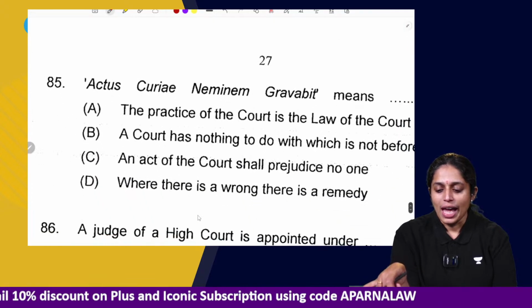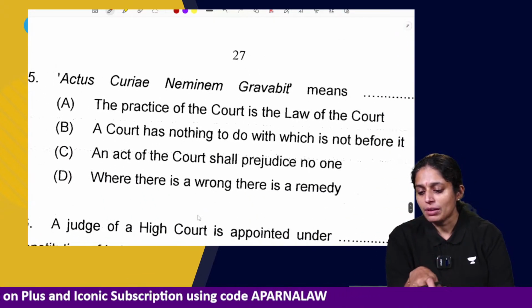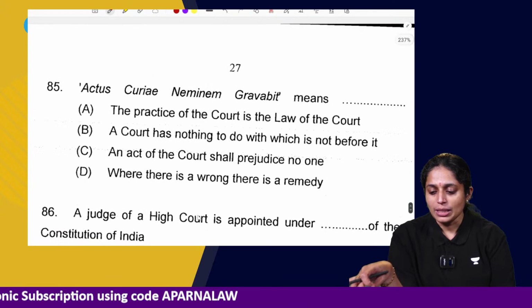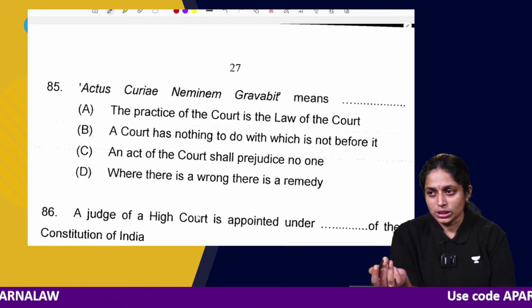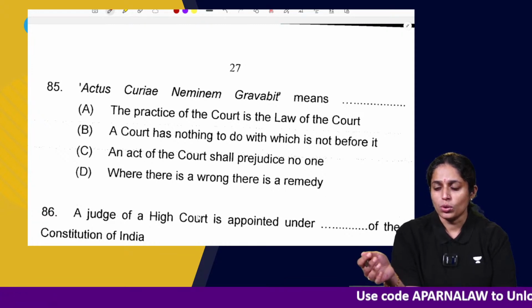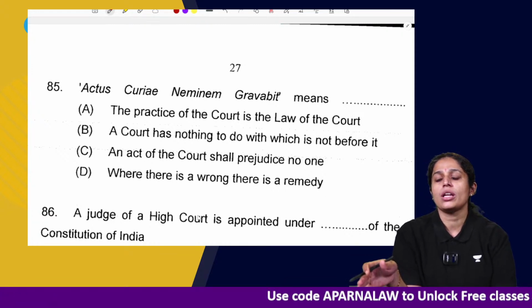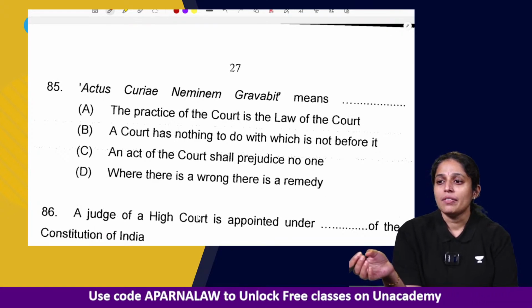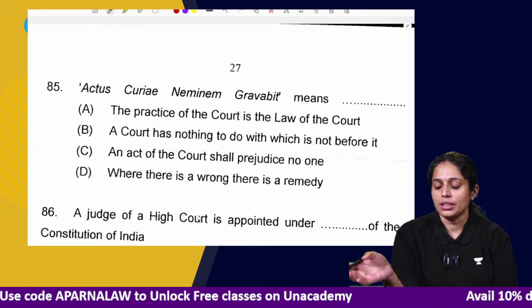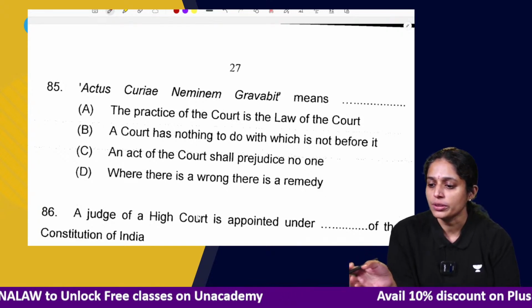85th question. Actus curiae neminem gravabit means A, the practice of the court is the law of the court. B, a court has nothing to do with that which is not before it. C, an act of the court shall prejudice no one. And D, where there is a wrong, there is a remedy.